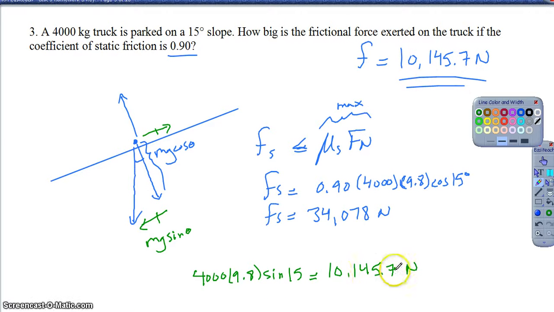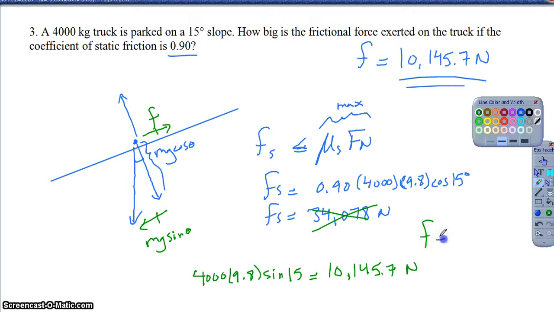So anyway, this is the component of gravity pulling down the ramp. Friction can go up to 34,078, but since it only needs to counteract this, friction will only counteract that. It will only reach that part there. So friction will not reach the full 34,000. It will only match the 10,145 or 146 if you prefer, that is going down the ramp.